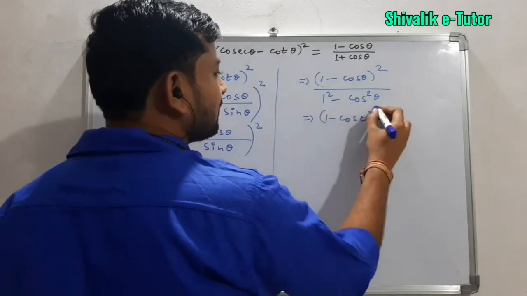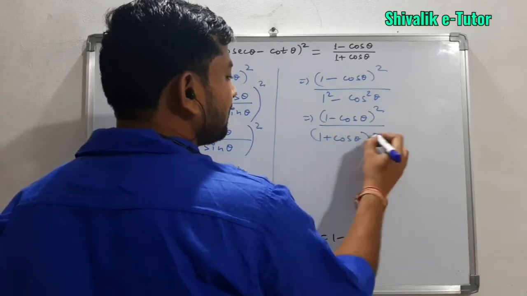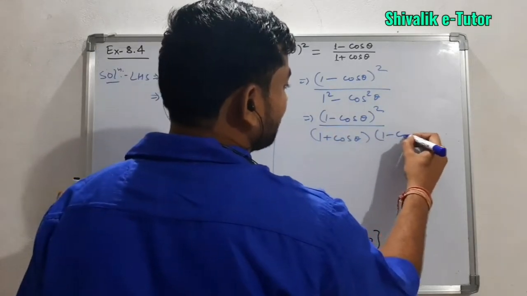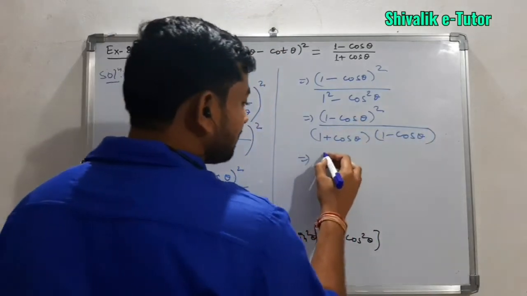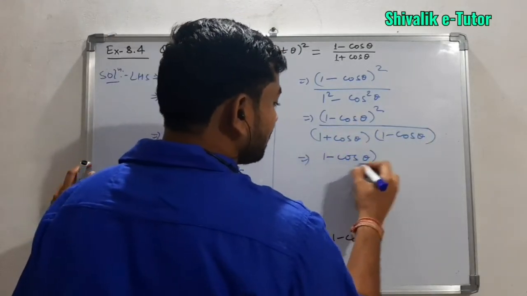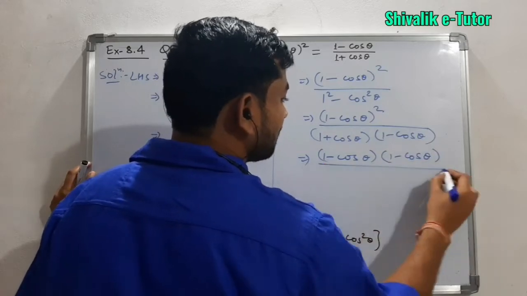So we will be getting a plus b, that is 1 plus cos theta, and a minus b, that is 1 minus cos theta. Now look at the numerator, this is whole square, so we can write 1 minus cos theta and 1 minus cos theta, twice.